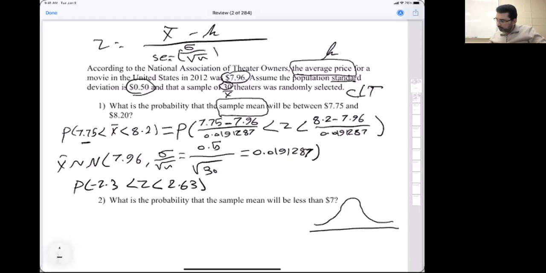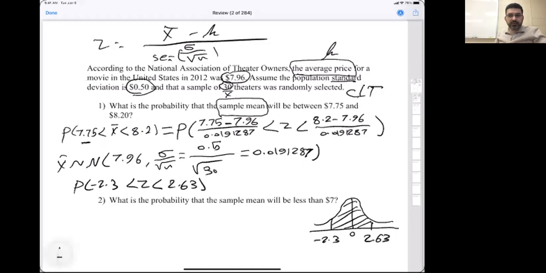Now we need to find the area. If we draw the z distribution, of course it is 0 in the middle, because the standard normal distribution z has mean 0 and standard deviation 1, or variance equal to 1. So we need to find the area between negative 2.3 and 2.63, this shaded area. We have three ways to solve this problem, but I start with the step by step, traditional way.